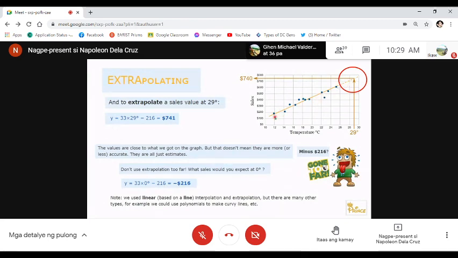Maaaring itong linya ay hindi linear, maaaring polynomials, curve, okay? Pinakita ko yun sa inyo dati na naggawa tayo ng linya. Merong second degree, merong linear, and so on and so forth, no? Okay? I hope that's okay with you.